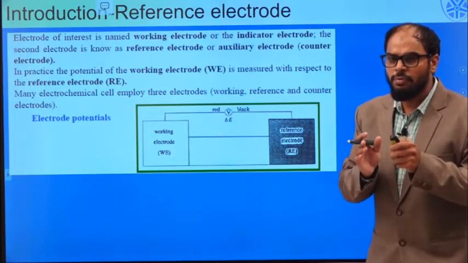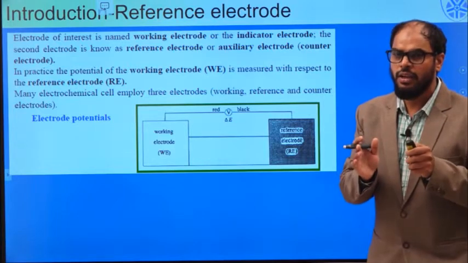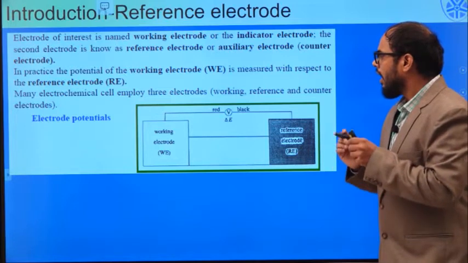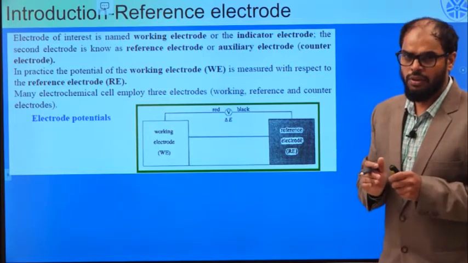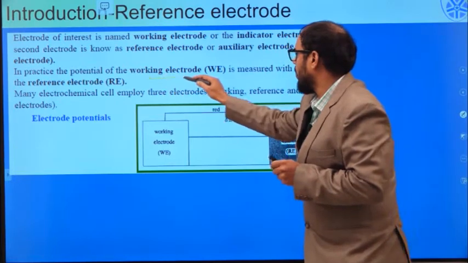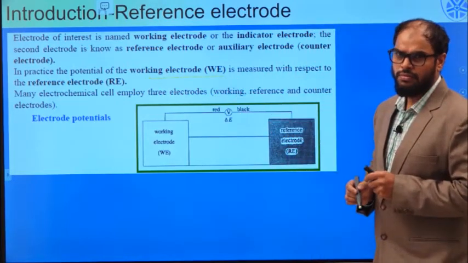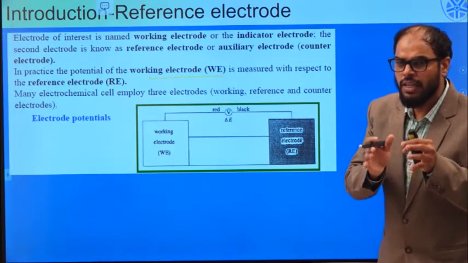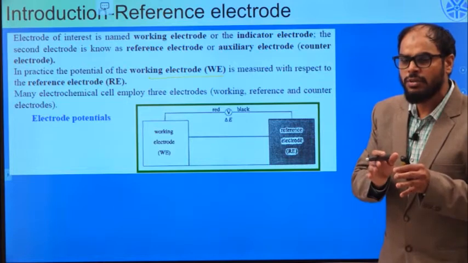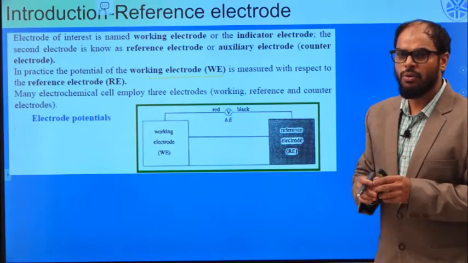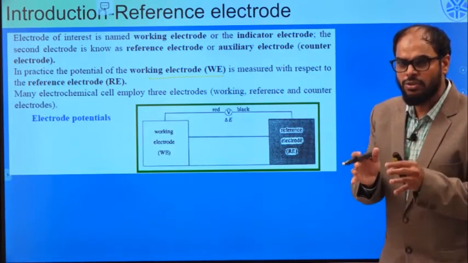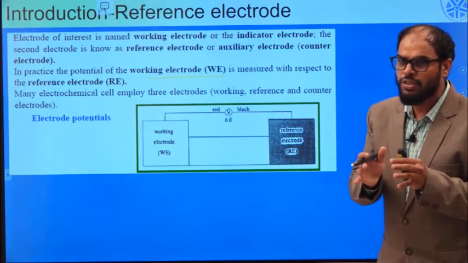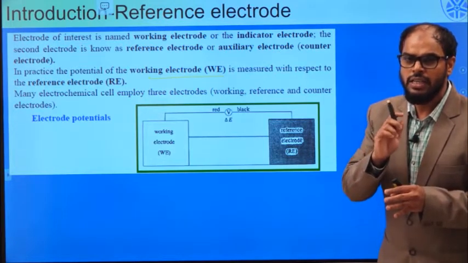If we are trying to determine the electrode potential of any unknown electrode, this unknown electrode is called the working electrode, and to determine the electrode potential of this working electrode, it has to be connected to an electrode X, and this electrode X has to be a reference electrode, because determining the electrode potential of a single electrode is impossible.